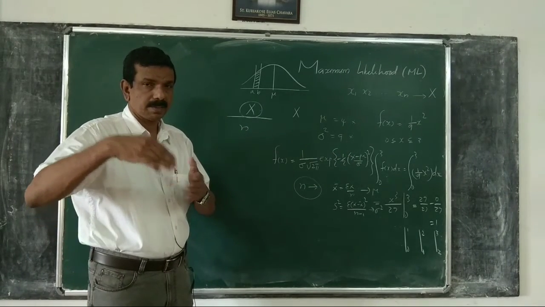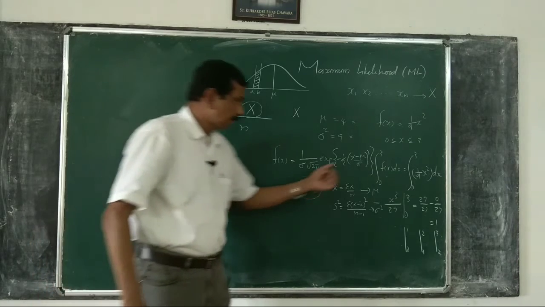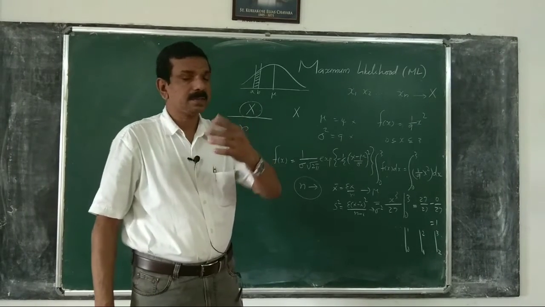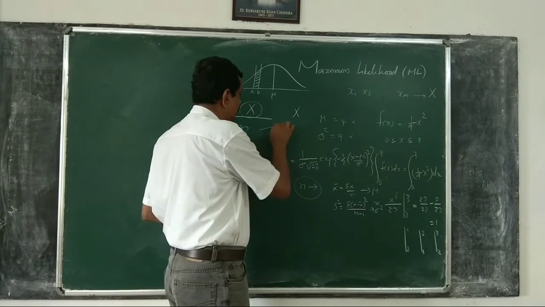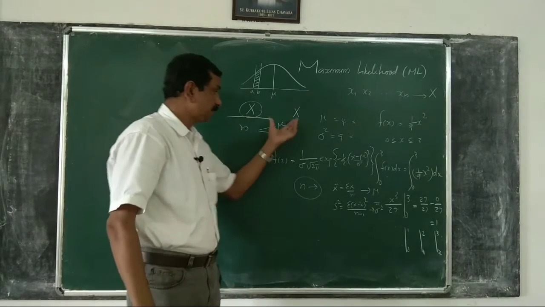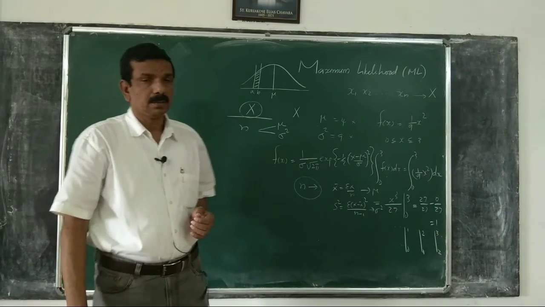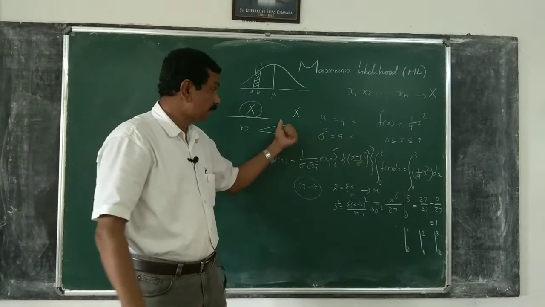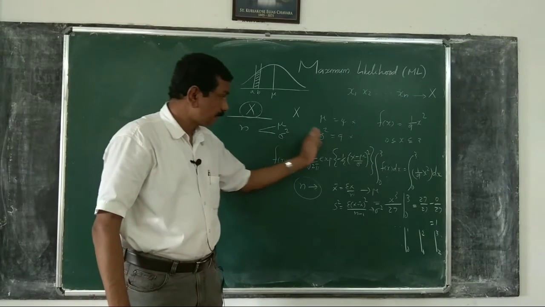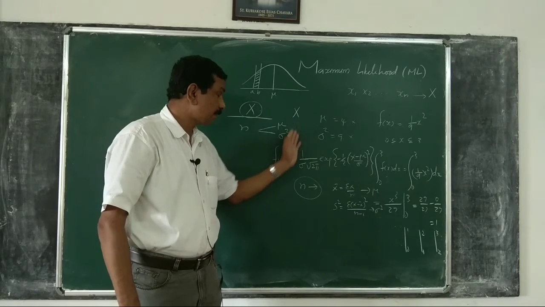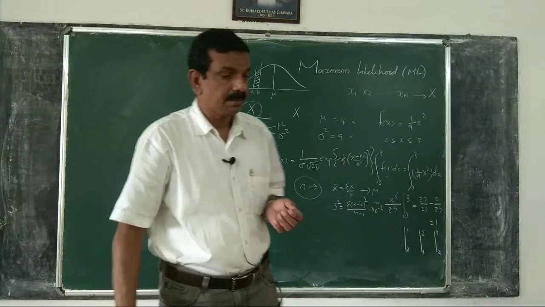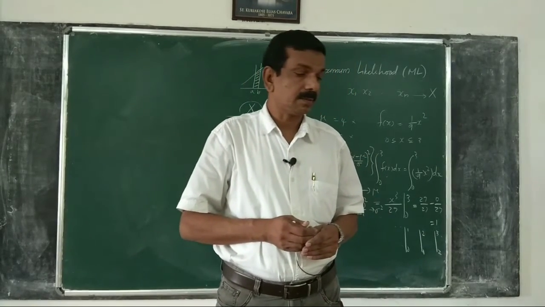What I mean by many different normal populations is that one normal population is different from another only with respect to mu and sigma square. So these n samples might have been generated by different sets of mu and sigma square.